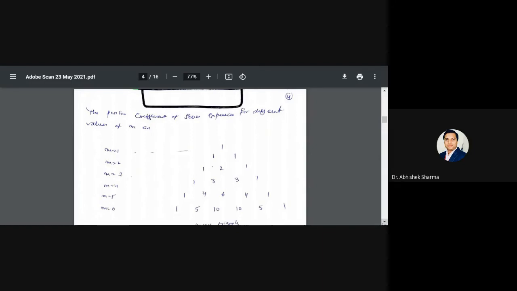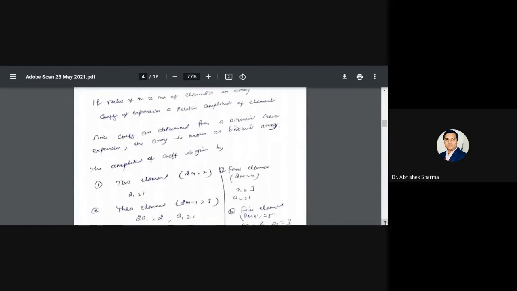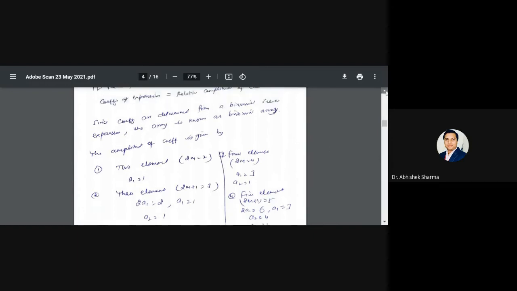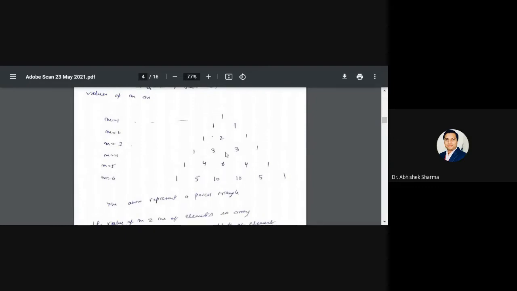Now if we consider an even number of elements in the array, m is equal to 4. So if m is equal to 4, over here even number of elements, we will get a1 is equal to 3, any of these two.